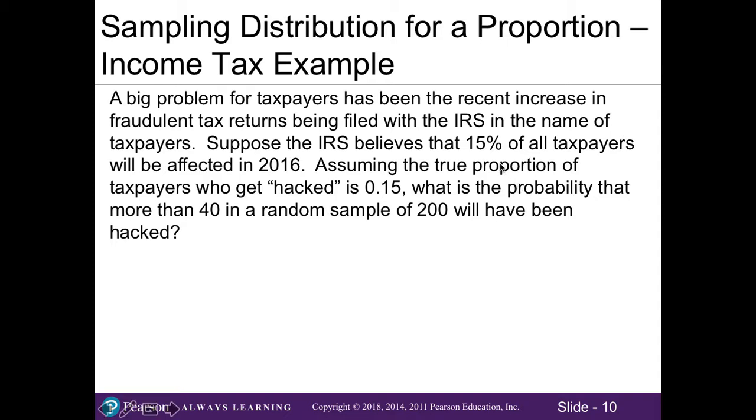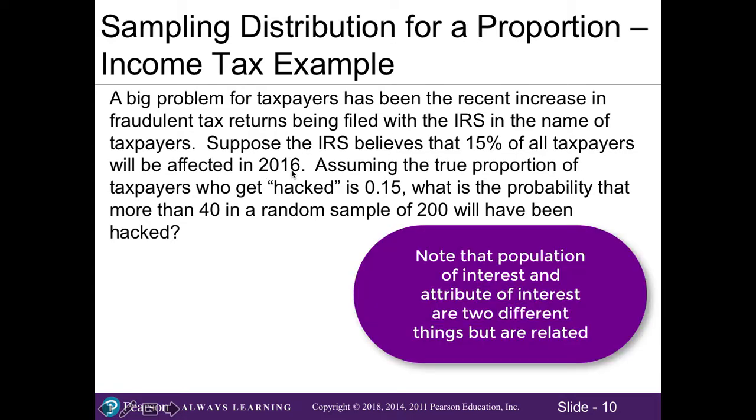Note in this word problem, we have the population proportion provided to us twice in two different formats. Here, the population proportion is listed as 15%. How we know it's the population proportion is in the context of the story, because as we see, it says 15% of all taxpayers will be affected in 2016. So our population of interest here is taxpayers in 2016.